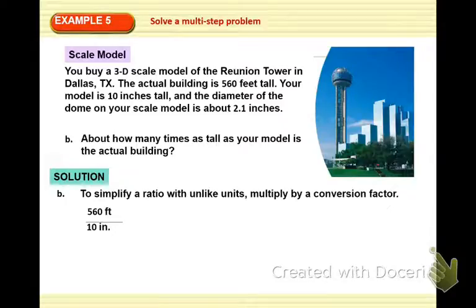We've got to convert 560 to inches, to tell how many times greater the actual one is than the model. So we would multiply the 560 feet times 12. That's what they're doing here. They're using unit analysis, 12 inches in 1 foot, to get rid of the feet on top and have inches. So we multiply the 560 times 12, and we're left with 6,720. And we divide that by 10.